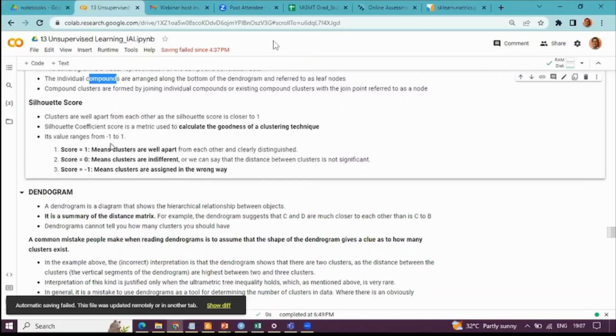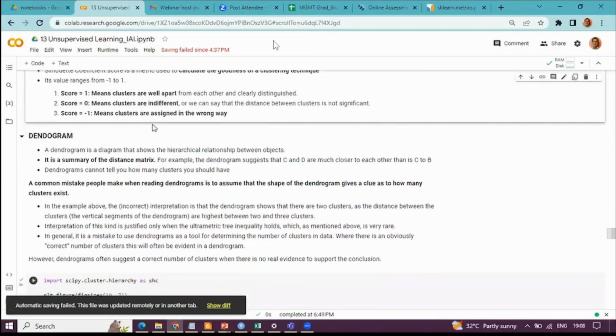Even in the next method that we are going to deploy, we would be using the same Silhouette score. So either you can use the within-cluster sum of squares, which is otherwise called the inertia approach, or the second approach, which is always a more robust approach, called the Silhouette score approach.